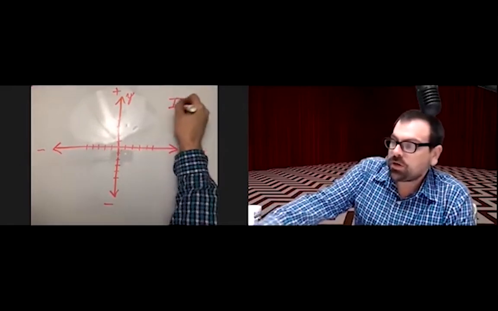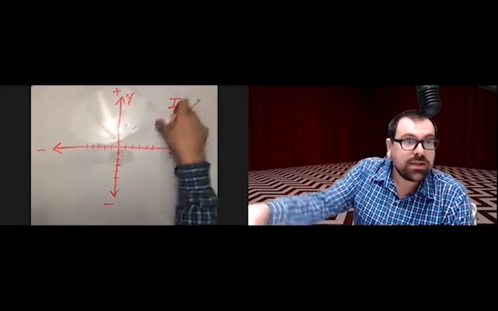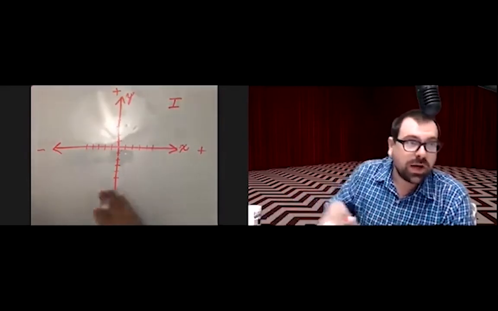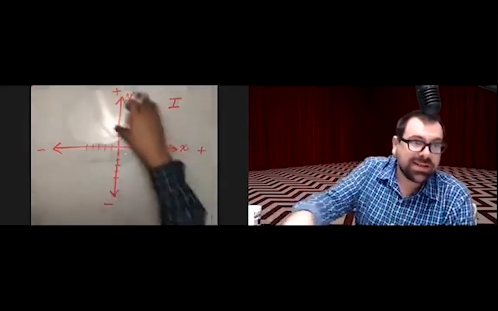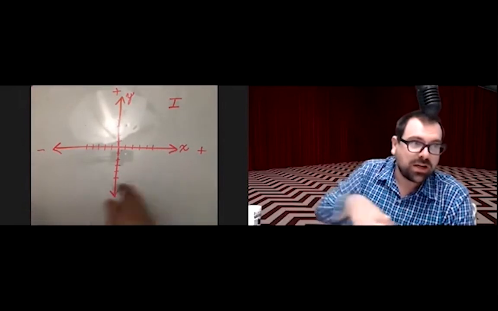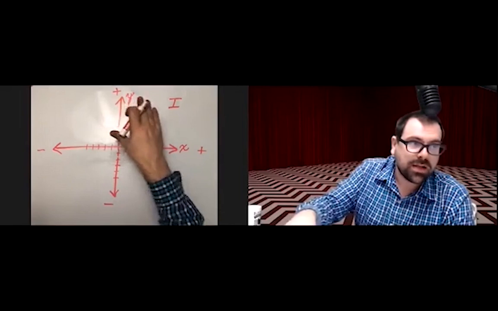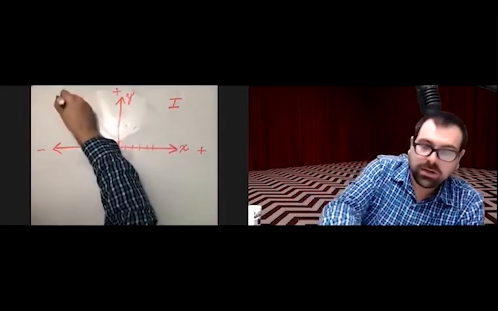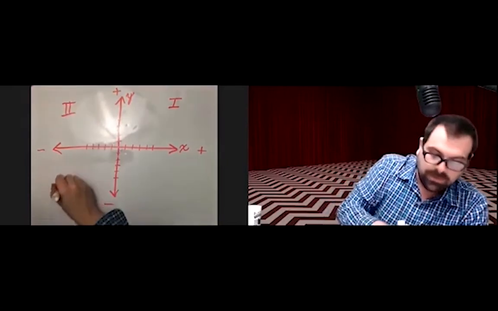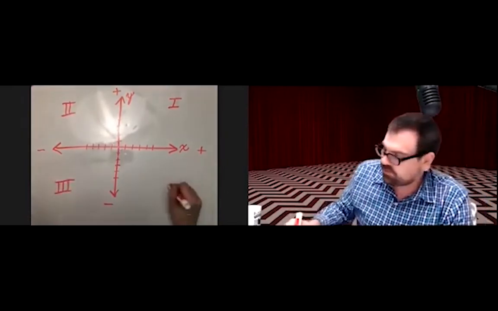We start numbering our quadrants in the top right, and we move counterclockwise. So that's against the direction of a clock. Clock goes this way. That's clockwise. We go counterclockwise when we're numbering. 1, 2, 3, 4.